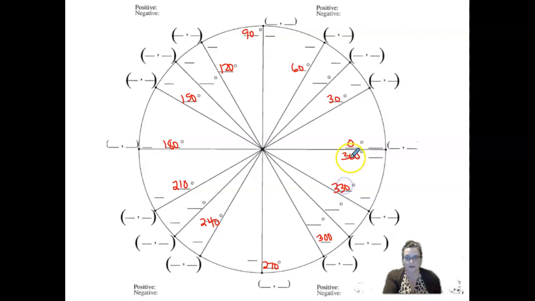And then 12 times 30 is 360. So that brings us one rotation around the circle. Slide that back up in the right spot.